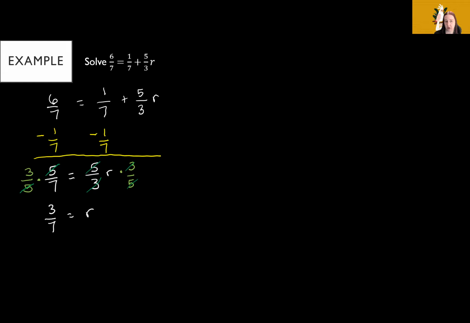So your answer is either going to stay a fraction or it's going to be like a whole number. So we have 3/7 here equals R. So to check our work, we go back to our original problem. 6/7 equals 1/7 plus 5/3 R. And you replace R with our answer 3/7.